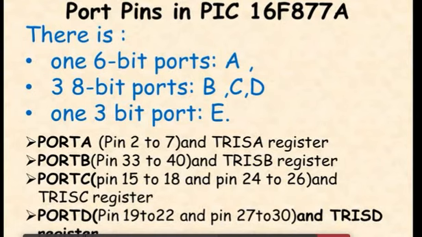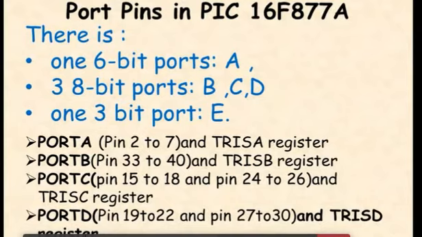To make any port input or output, you have to use the TRIS register, and in that register you have to load 0 or 1. Without the TRIS register, you cannot initialize any port as input or output.